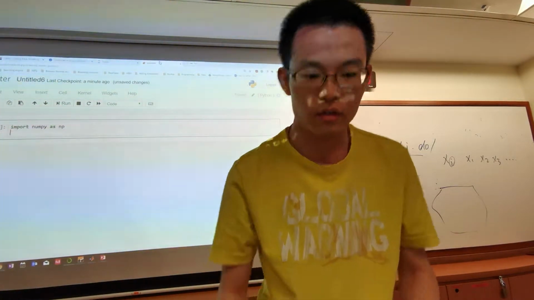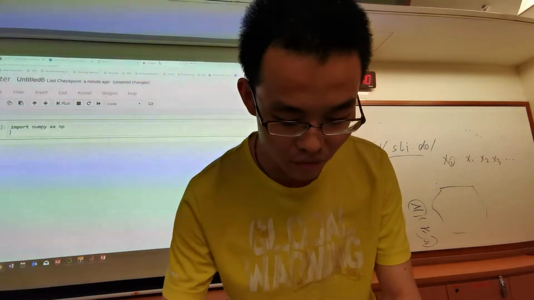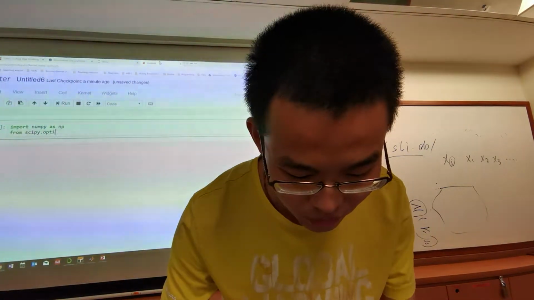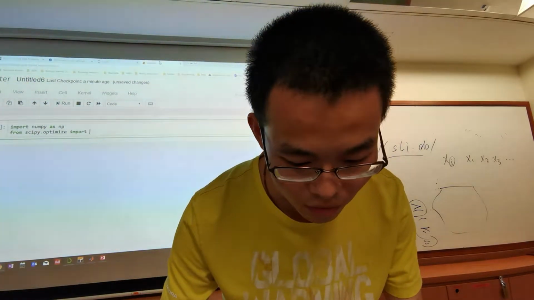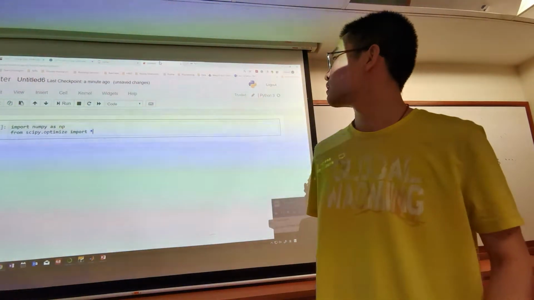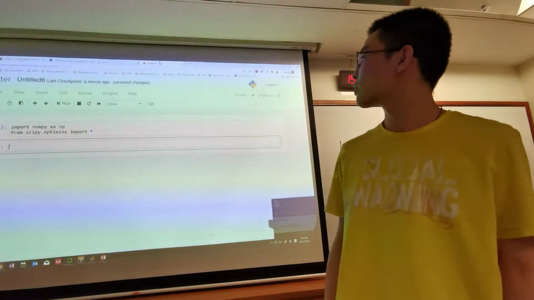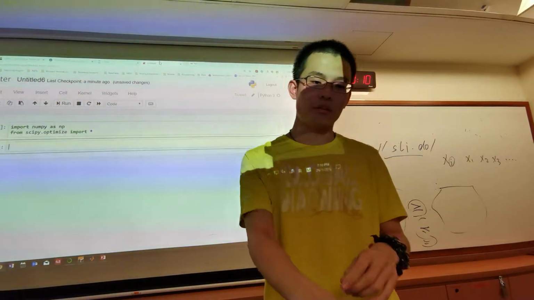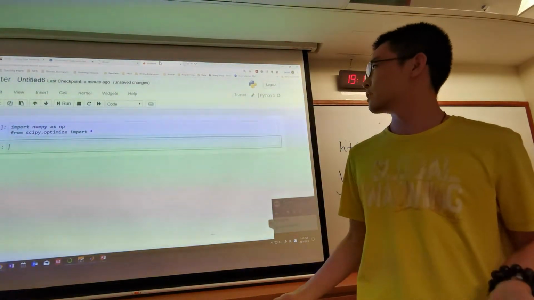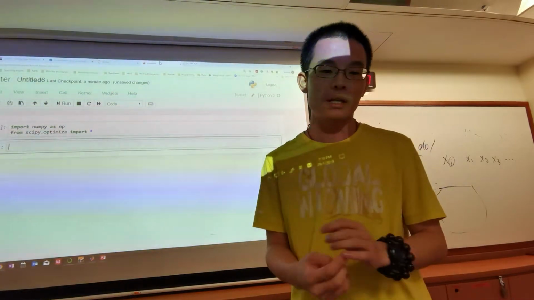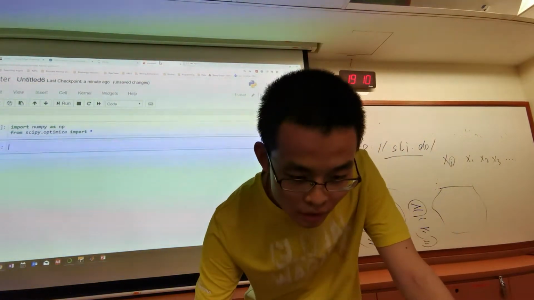First of all, we need to import NumPy, and then this style means import everything. In Jupyter Notebook, if you press Shift-Enter, then it will basically run the code. This is for the purpose of presentation. If you use other platforms to run Python, then how to run the code will be different.